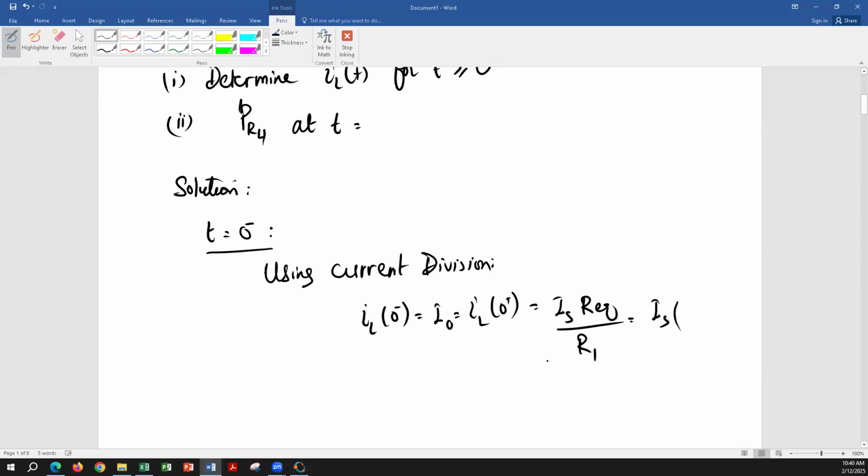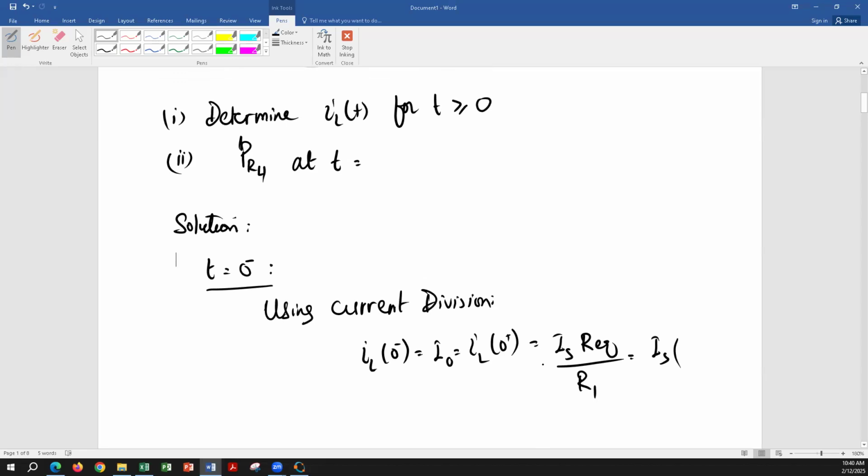Voltage division and current division are opposite, remember. Voltage division is, let's say VR4 is the total voltage across whatever resistance is connected in series times R4 over R equivalent. And current division is, let's say IR4 is the total current times R equivalent over R4.